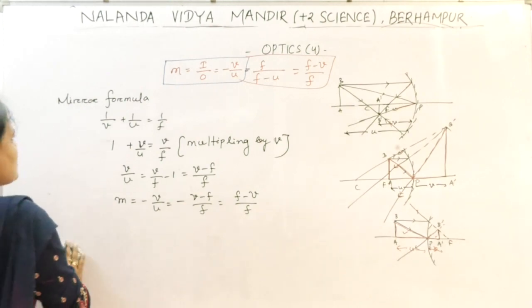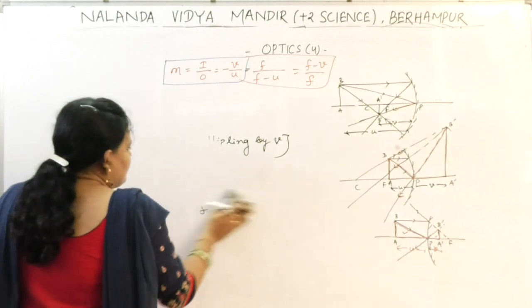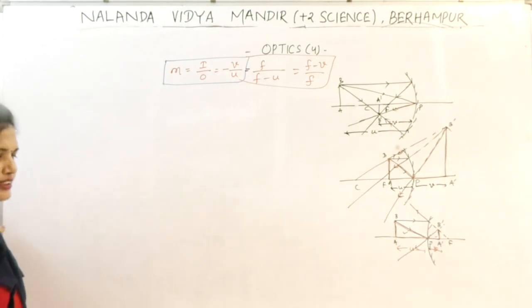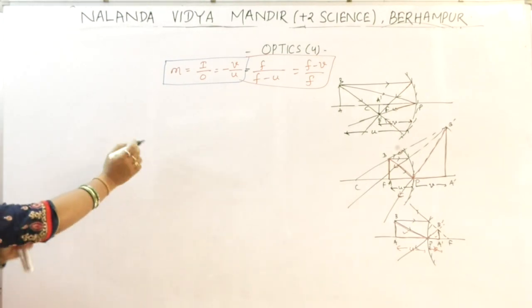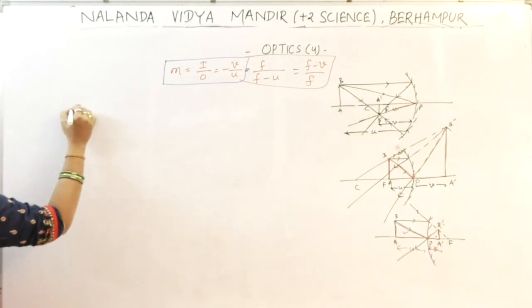Okay. So this is all about the magnification or linear magnification. Then based upon the value of M, how can we know whether the image is a real image or a virtual image, or an erect image or an inverted image? Now two cases arise.